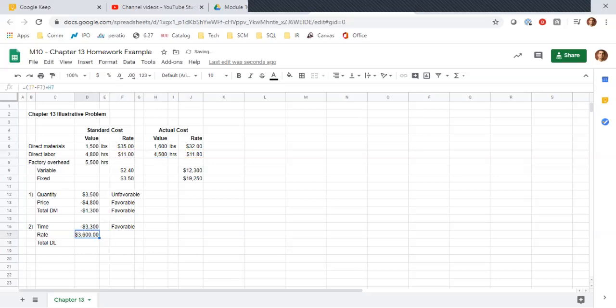It's not all the same. Okay, and so determining whether that's favorable or unfavorable, we have our 2 rates and we have our 1 hour. And so the only thing that matters to us is the rate, and our actual rate is higher than our standard rate. So this is an unfavorable variance.